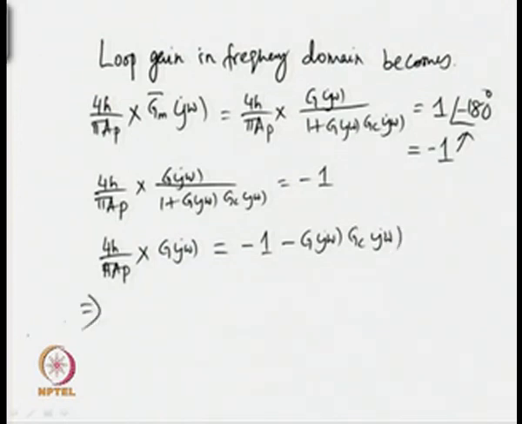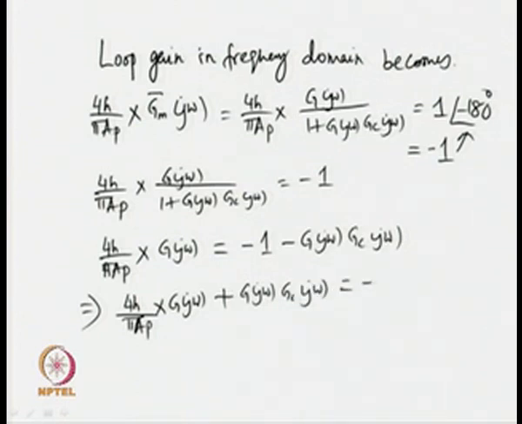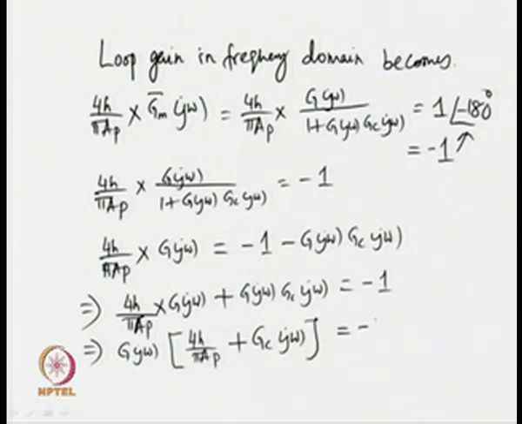Then I can further write this in the form of 4H divided by pi AP times G(j omega) plus G(j omega) GC(j omega) is equal to minus 1, which again becomes, collecting the common term G(j omega), G(j omega) times 4H by pi AP plus GC(j omega) is equal to minus 1.